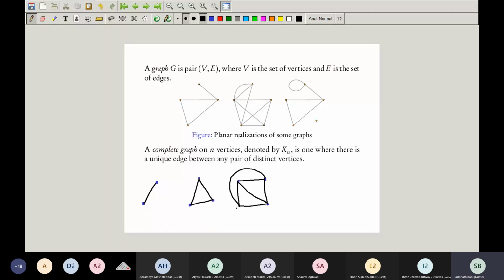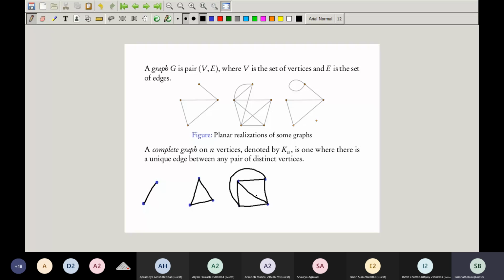So far so good. We have a faithful picture, but you'll realize that if you try to draw K5 on a piece of paper, no matter how ingenious you try or how hard you try, you cannot draw K5 faithfully on a piece of paper, meaning two edges will definitely intersect away from the vertices. This is a classical result that you'll see in graph theory when you take a course on it, that K5 is not a planar graph.